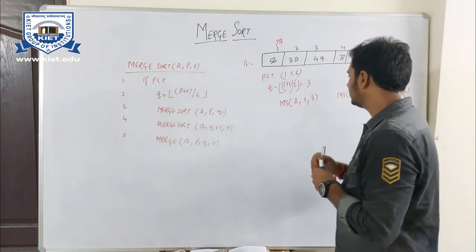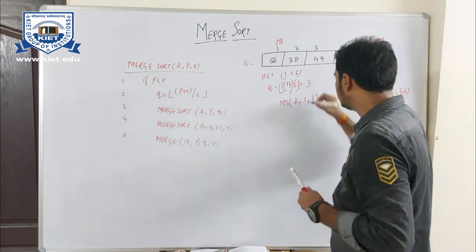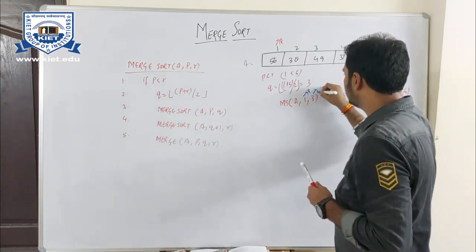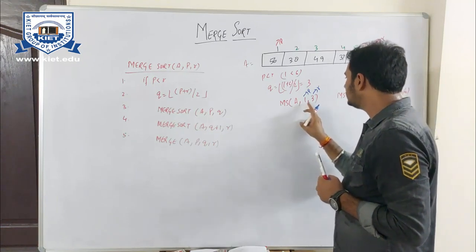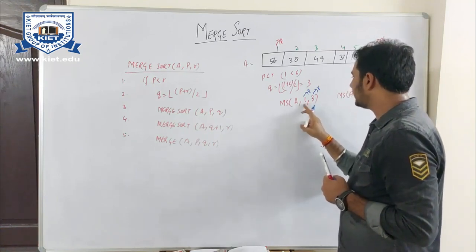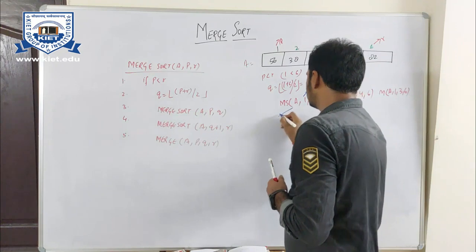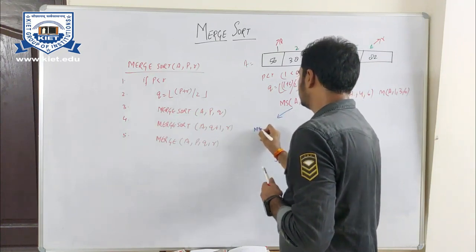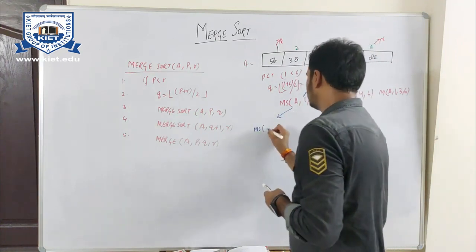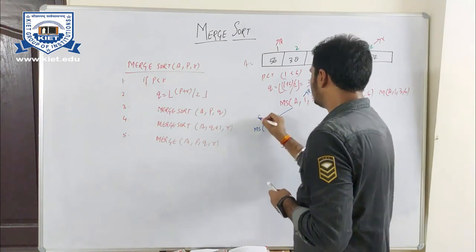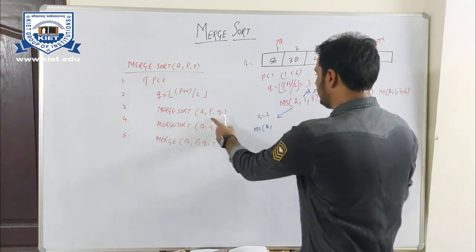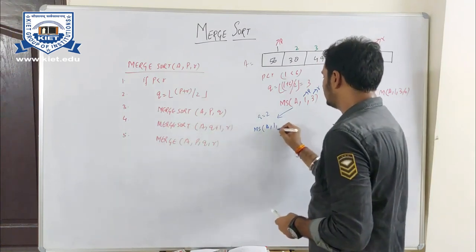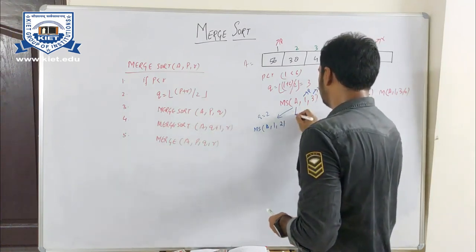Now again the value of p is 1 and it is r. On this array the value of p now becomes 1 and the value of r becomes 3. We will calculate q. q is 1 plus 3 by 2, that is 2. So on this we will call mergesort from the array A, on the array A from p, p is 1, from 1 to 2.